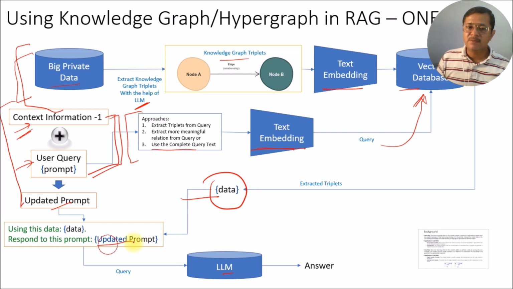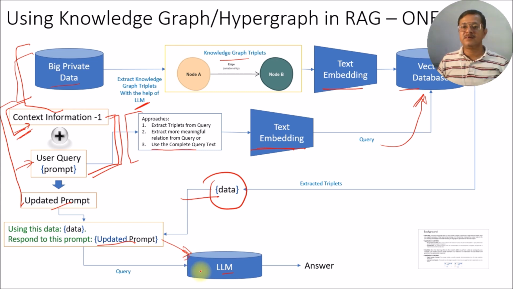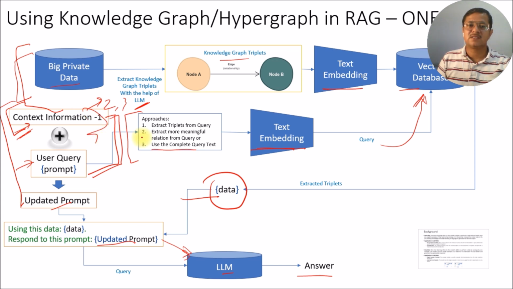The updated prompt, which contains the updated contextual information, will directly guide how to pinpoint the exact answer, and that's why you will get a better answer for your question. So this is the scenario. And if you want to go from one-shot to two-shot, three-shot, few-shot, you can increase this context.